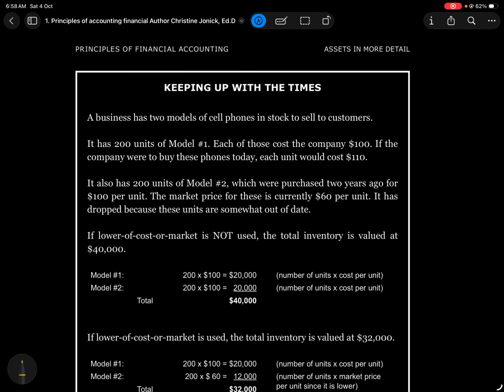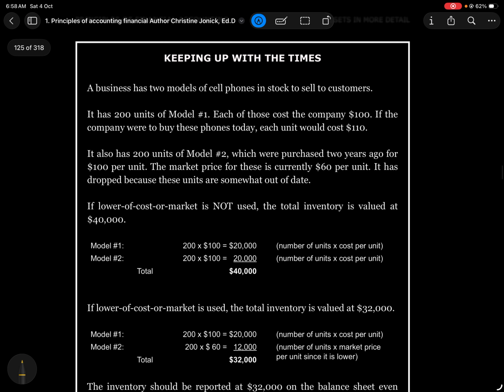Okay, so there is an example given over here. There are two different models. If we don't use lower of cost or market, what would happen?